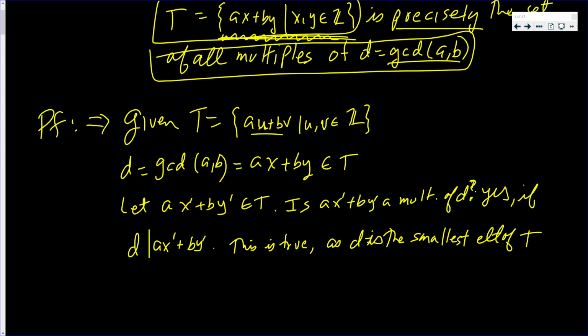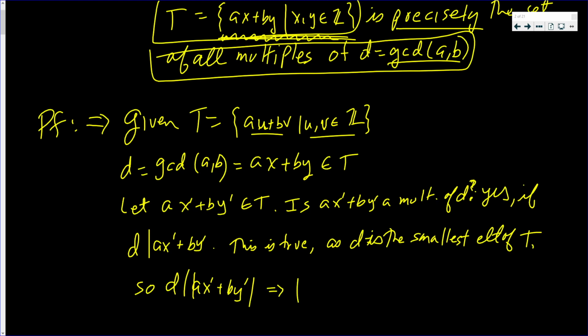Now here, these can be negative, but let's not worry about that. D is the smallest element of T. So D does divide ax prime plus by prime. You know, we can say it divides that, okay?